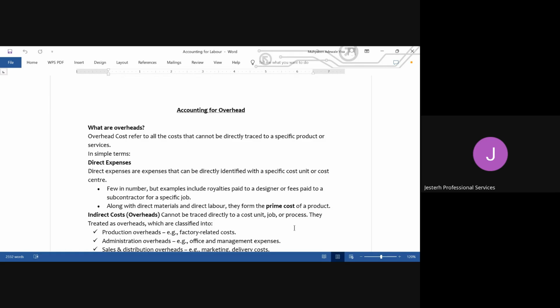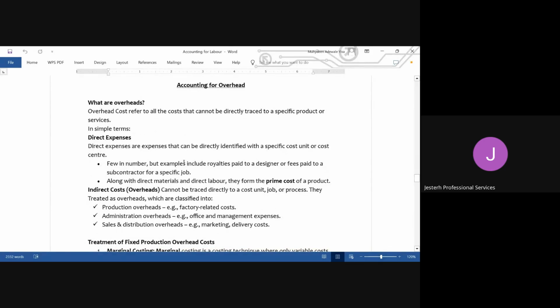And then all these costs help an organization to determine what is going to be their selling price at the end of the period, when they come up with the breakdown of what they spend in each of the productions. So now we have direct expenses, like I explained when I was discussing the classification of costs.